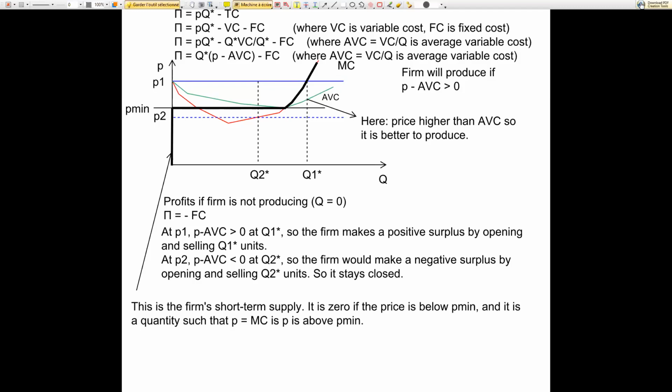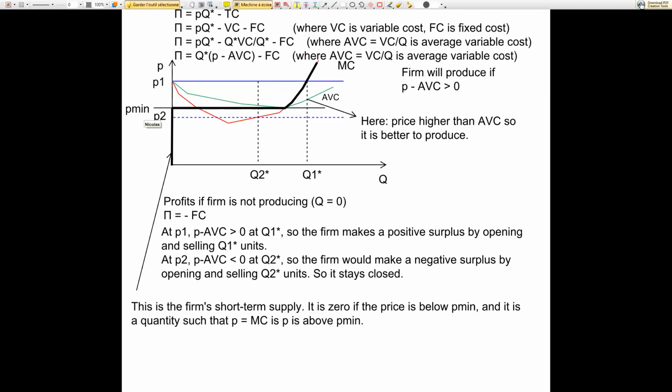I have a question about the price minimum. What's the difference between that and P2? Oh, it's just, P1, P2, P-min are just market prices. I don't control them. I just open my window this morning, I look at the world, I see the price.